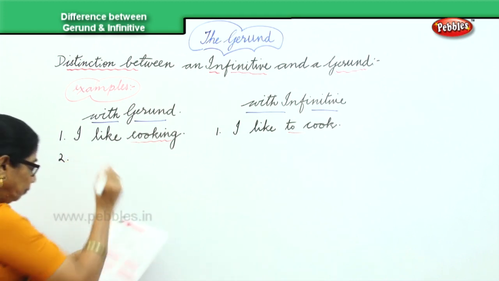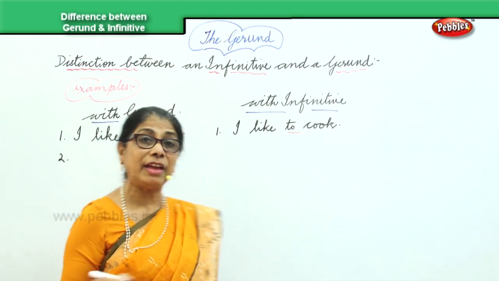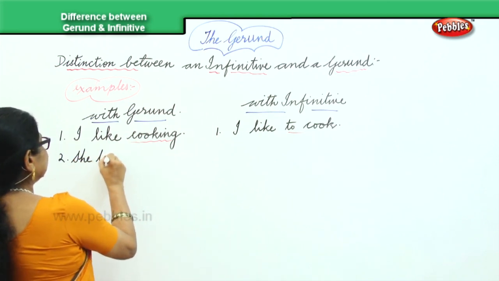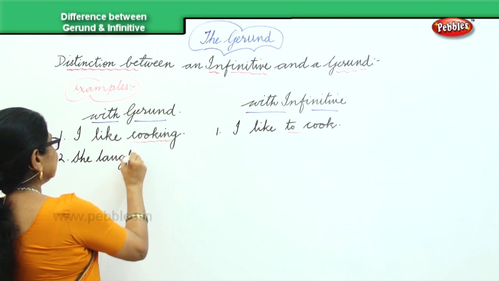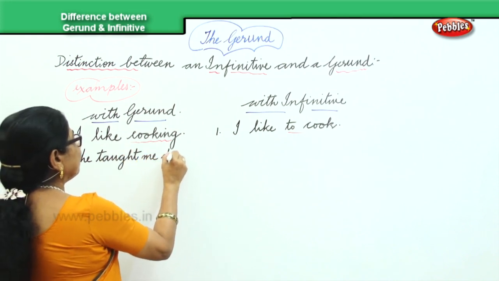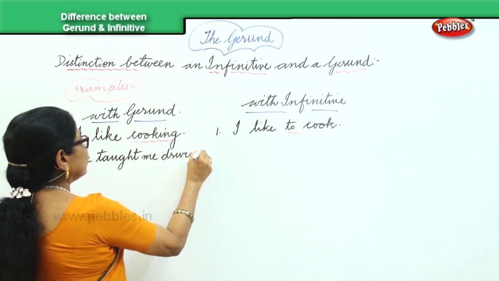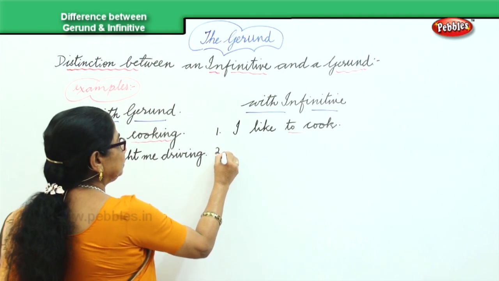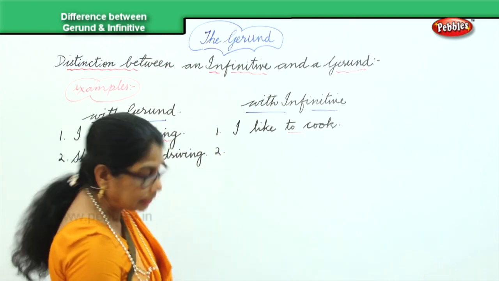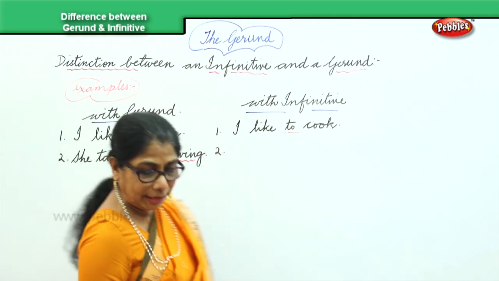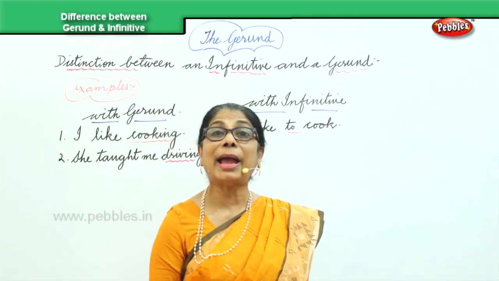Let's look at another example. She taught me driving. Here, driving, in this case you add ing for the gerund. For the infinitive, to the verb, you add to.